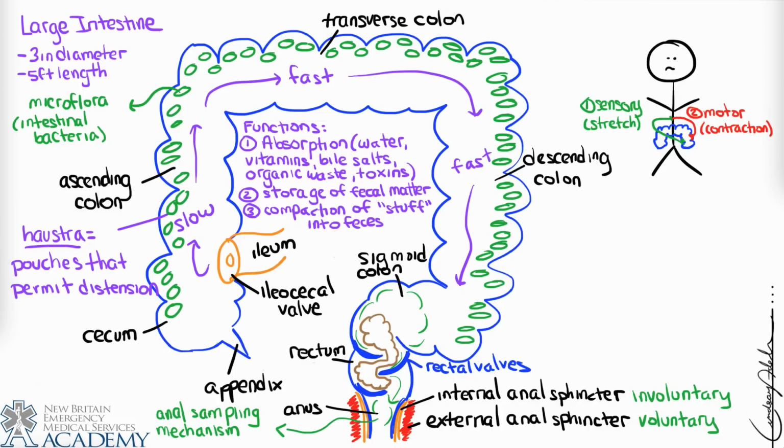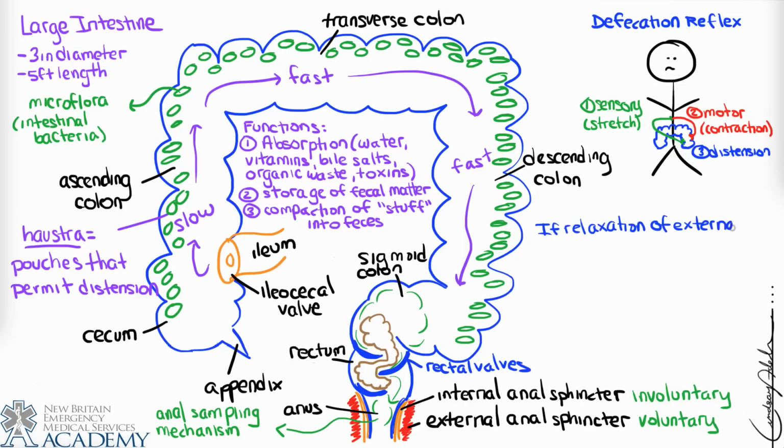And so basically when we have this process enacted, if we have relaxation of the external anal sphincter, so we utilize the anal sampling mechanism to figure out if it's solid, liquid, or gas, and then we decide consciously whether or not to let whatever the material is be excreted.